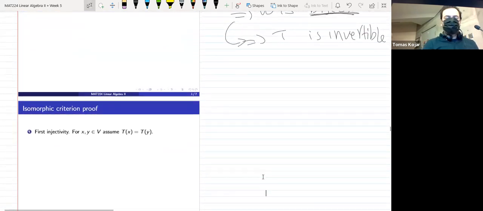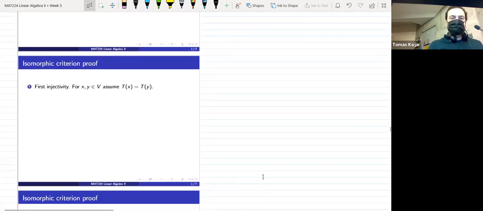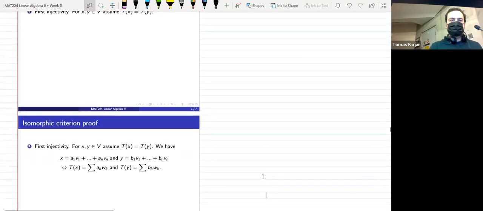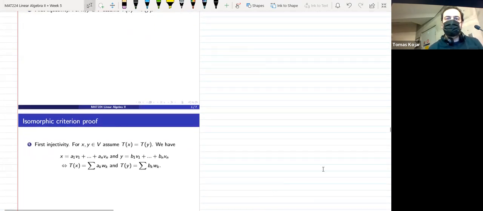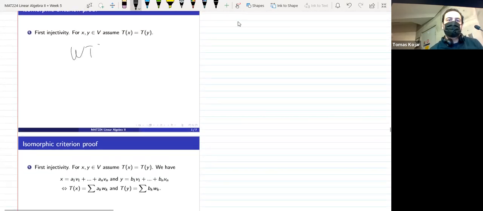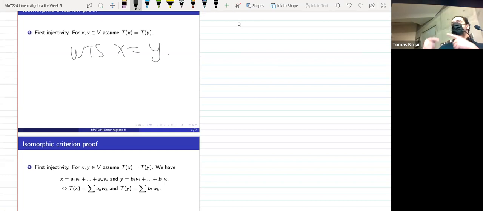For injective, you take two elements and you assume that T(x) and T(y) are equal. You want to show that then x will equal y. That's injectivity, in its contrapositive form.